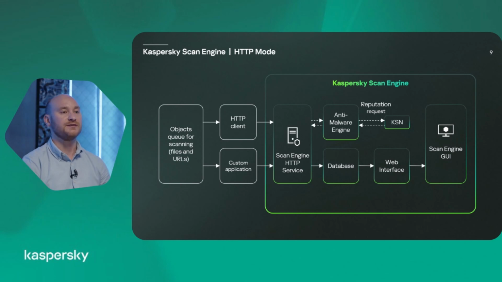We always recommend enabling this feature, but in certain cases, it can be disabled. For example, if Scan Engine should be deployed within an isolated environment, then we cannot enable KSN because there is no connection to the internet.